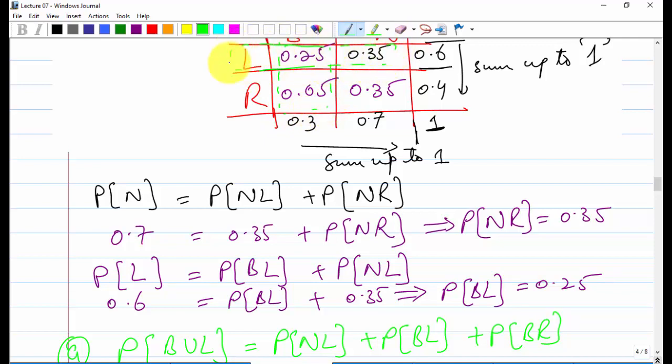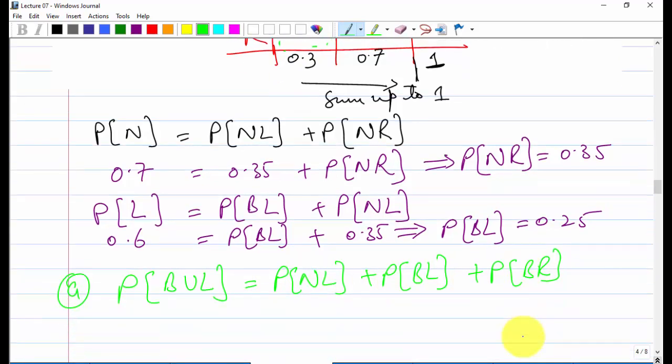So we have to take 1, 2, 3 cells. So we have written all those 3 cells here. So that will be 0.35 plus 0.25 plus 0.05, which is 0.65.